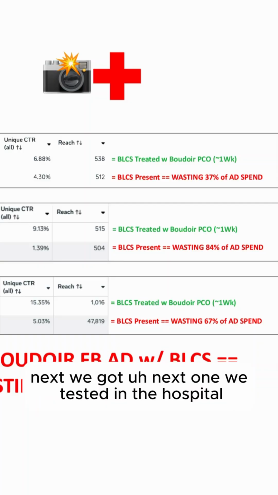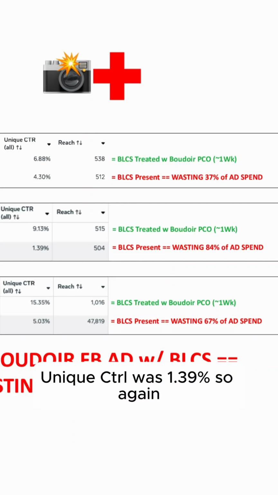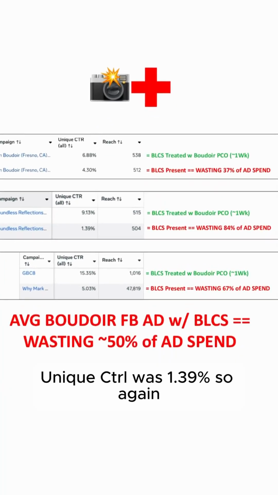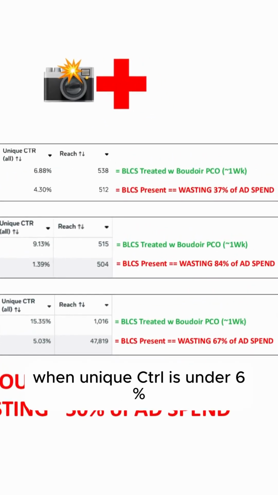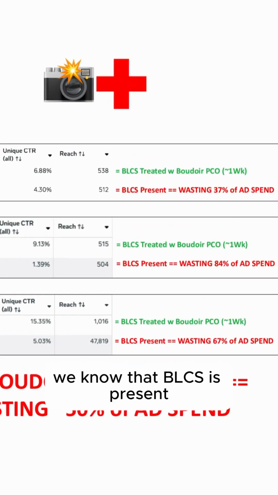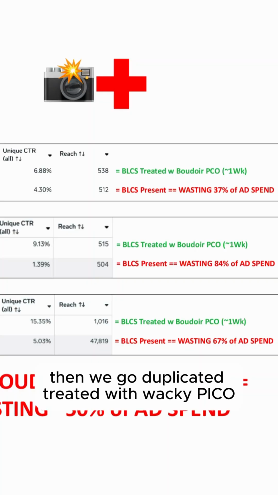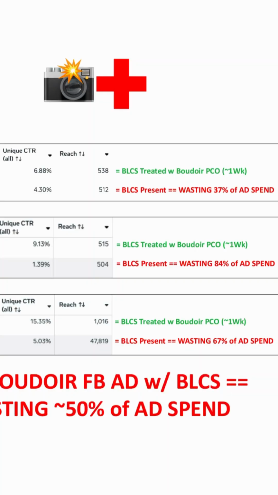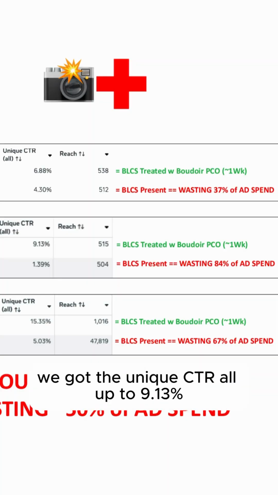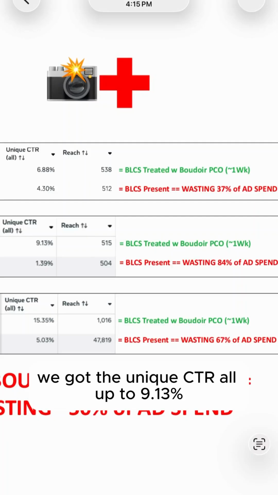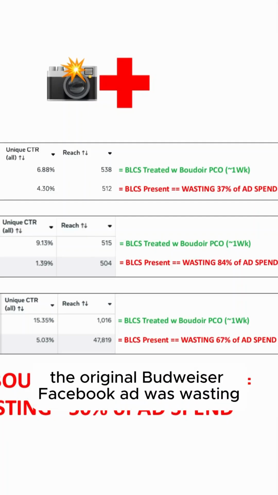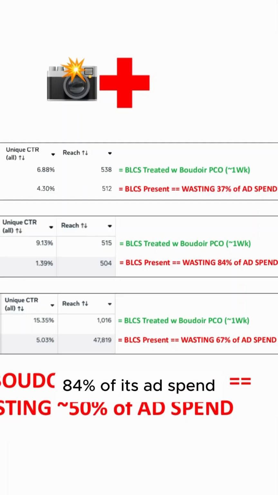Next, the next one we tested in the hospital, unique CTR was 1.39%. Again, when unique CTR is under 6%, we know that BLCS is present. So we duplicate it, treat it with boudoir PICO, takes about a week. We got the unique CTR up to 9.13%. So we found out the original boudoir Facebook ad was wasting 84% of its ad spend.